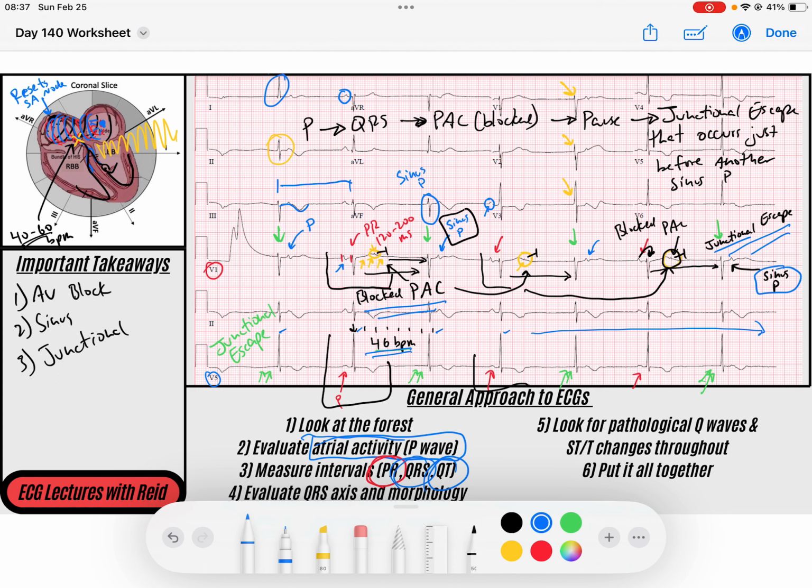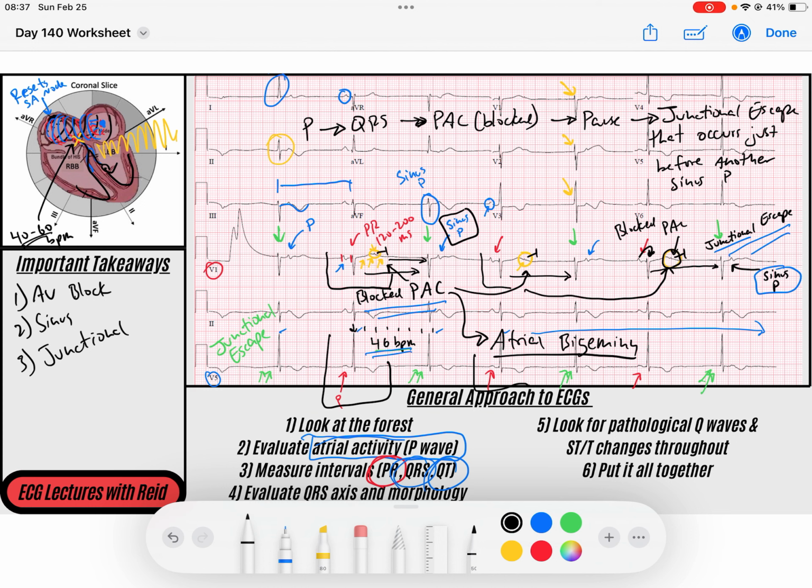And these blocked PACs, matter of fact, are occurring in a pattern of atrial bigeminy, right? Those atrial P waves are occurring every other beat. And so that's what we call those blocked PACs in a pattern of atrial bigeminy.